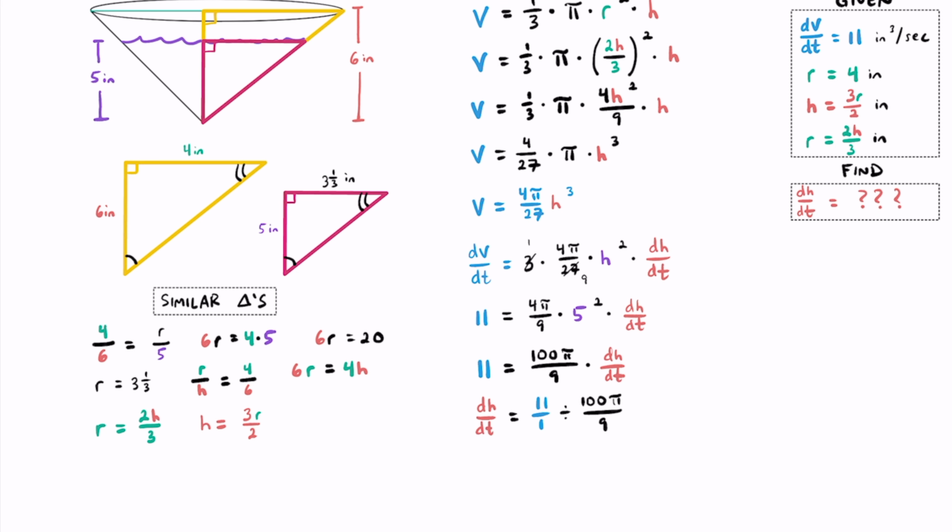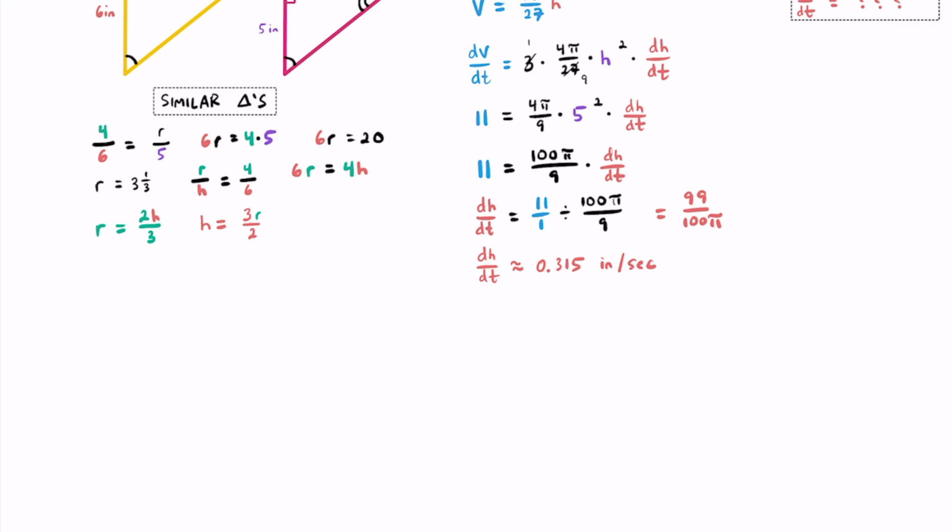All right, so dividing that, we could plug that right into a calculator and say that this dh/dt is going to be approximately equal to 0.315, and that's going to be measured in inches per second. And if you wanted to write this answer in an exact form, you could multiply by the reciprocal here. So 11 times 9 would be 99, over 100 pi.